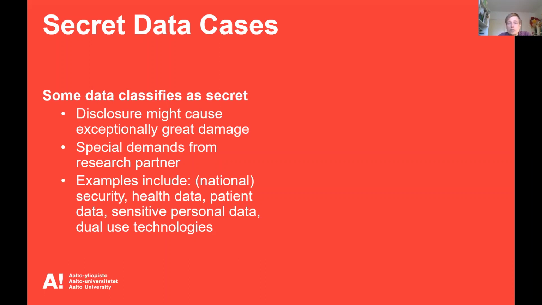Those examples could be national security, health data, patient records, or some sensitive personal data, even dual use technologies. We're not dealing with personal data, but the technologies might be so interesting that the work and research should be kept secret.